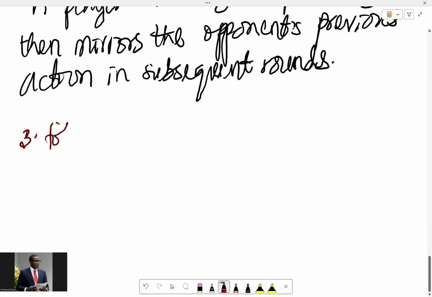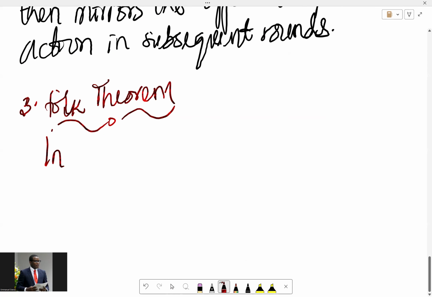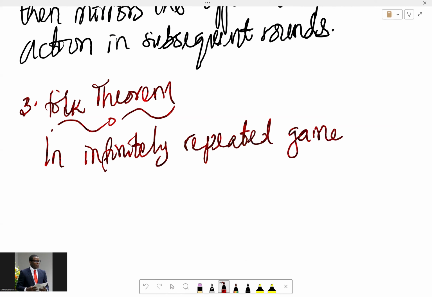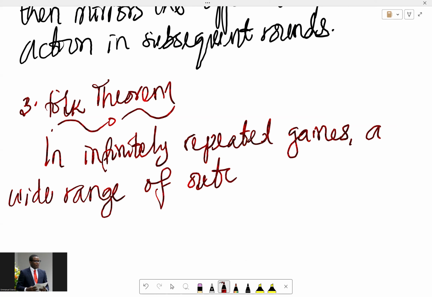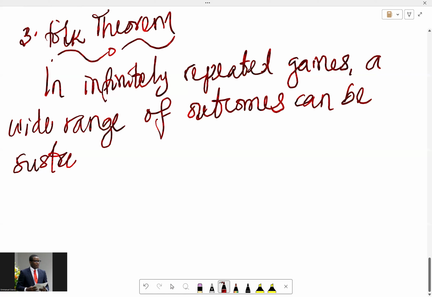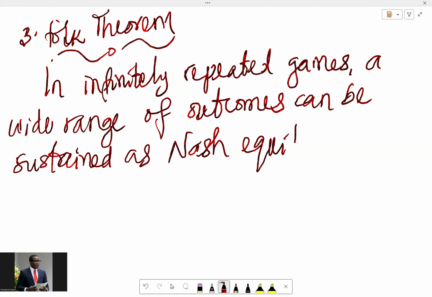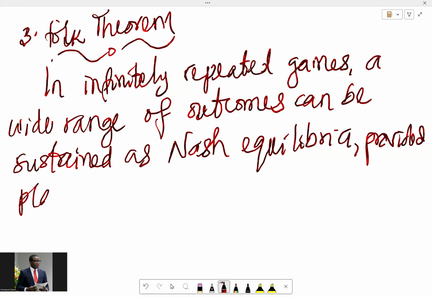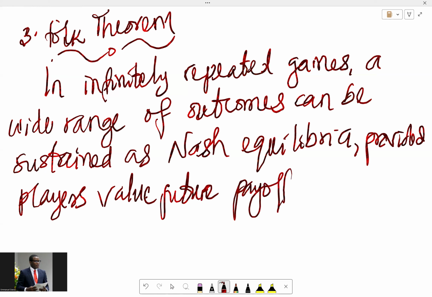Then we have the Folk theorem. In infinitely repeated games, a wide range of outcomes can be sustained as Nash equilibria, provided players value future payoffs enough.